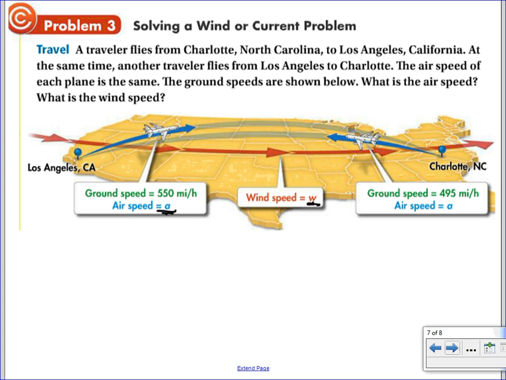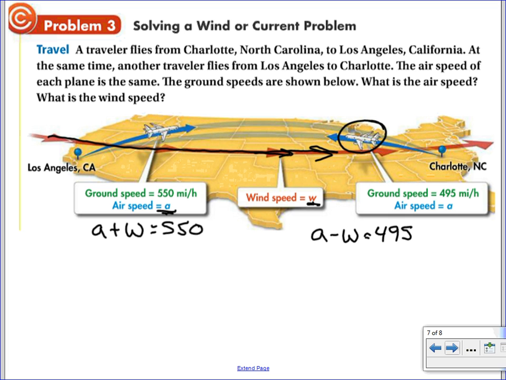For plane one, we take A plus W, because the wind right here is pushing it, and we get 550 miles per hour. But for this plane, the wind is going against it, so technically its airspeed minus the wind speed gives it 495.